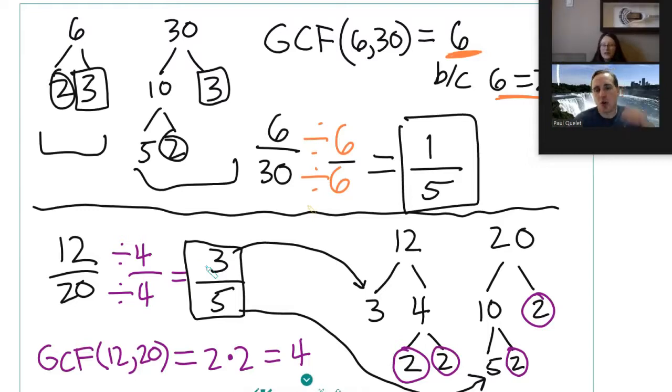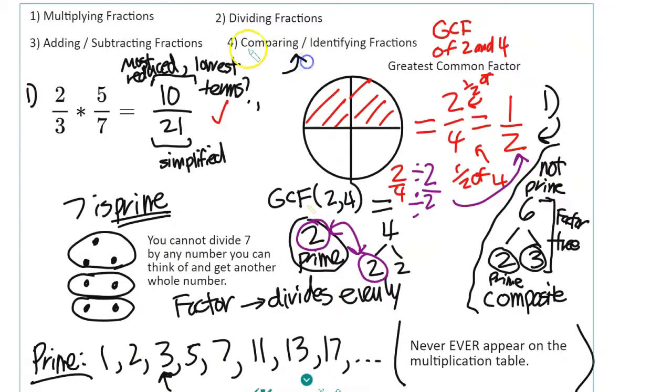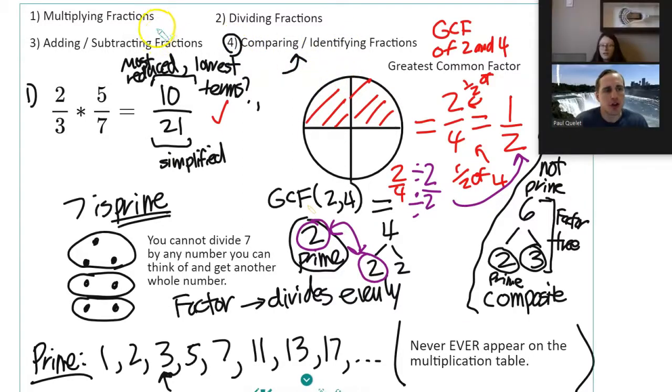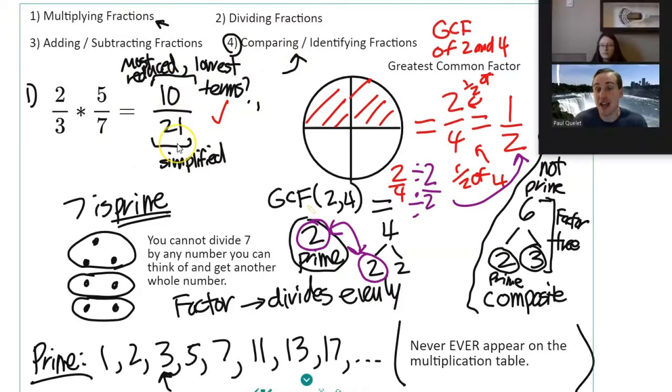So reducing fractions is a very important skill. I would say reducing fractions is a skill that's almost with number 4 here when we compare and identify fractions. You and I have done just a little bit on multiplying fractions today, but then we do have to be able to simplify fractions at the end to know if we're done. So hopefully you had a chance to see what it really takes to simplify composite numbers.